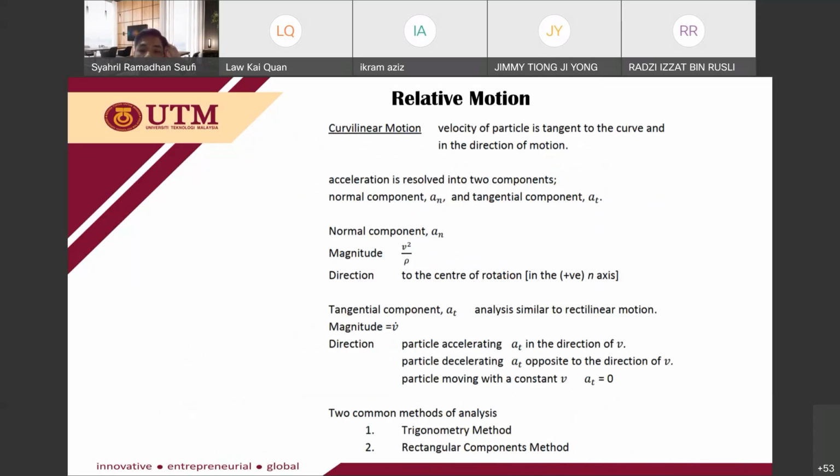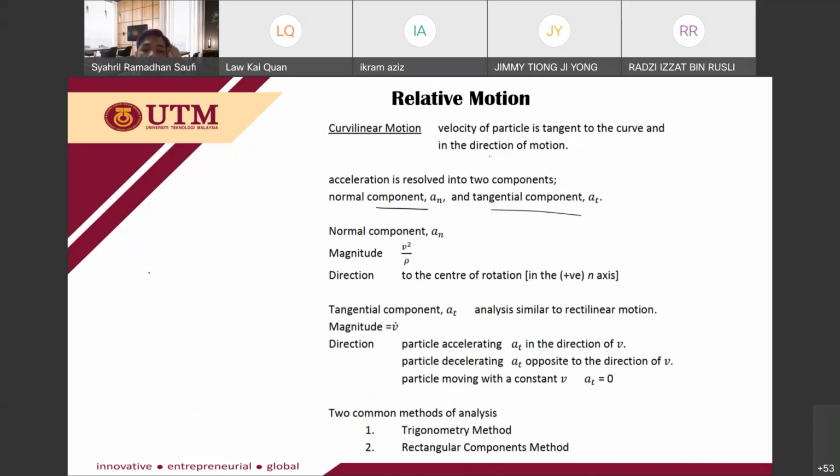All right, then we go on to acceleration analysis for curvilinear motion. The velocity of the particle is tangent to the curve and in the direction of motion. For the acceleration, you need to resolve it into two components, normal and tangent.